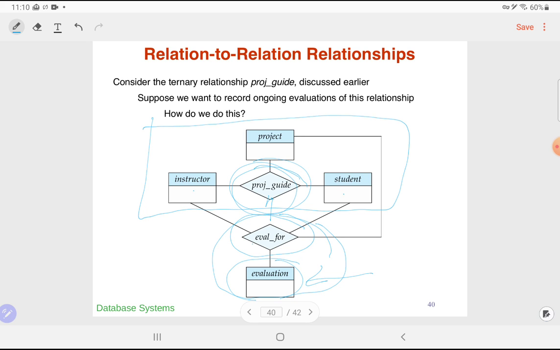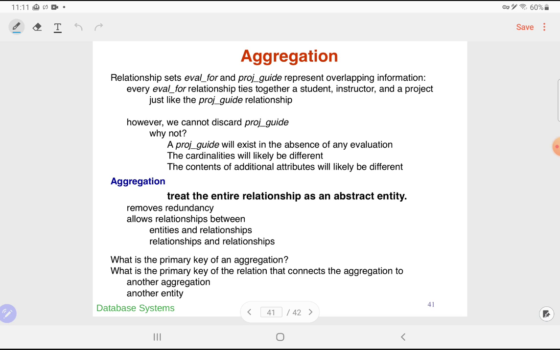We want to connect a relationship to another relationship. At the moment, all our relationships are between two entities. Instead, we want an entity to relationship relation, or a relationship to relationship relation. This, you could imagine itself, instead of being a thing, being a relationship between entities.